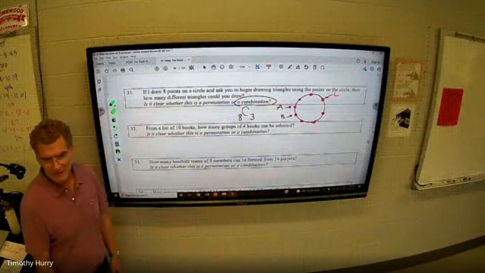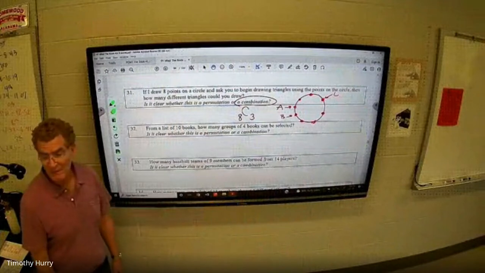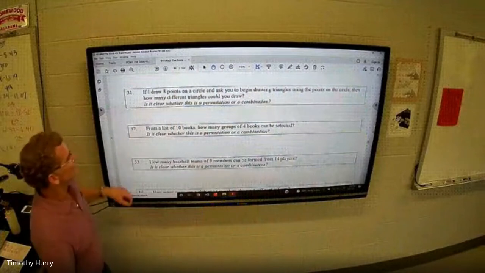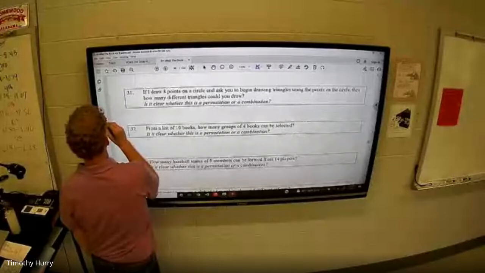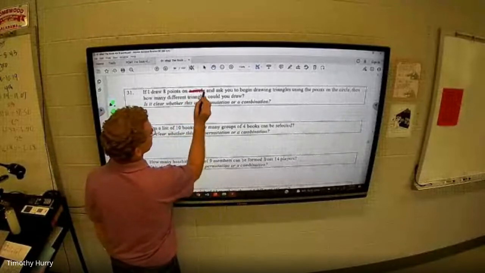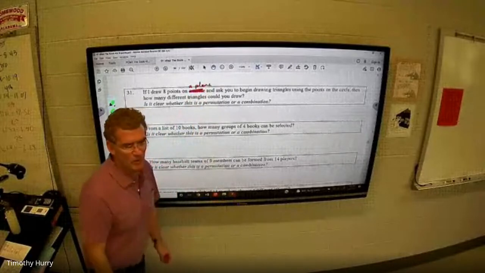Right? And then why did they make it circular, do you think? Maybe. Let me rewrite this question. What if I said this: if I draw 8 points on a plane, what could go wrong here?